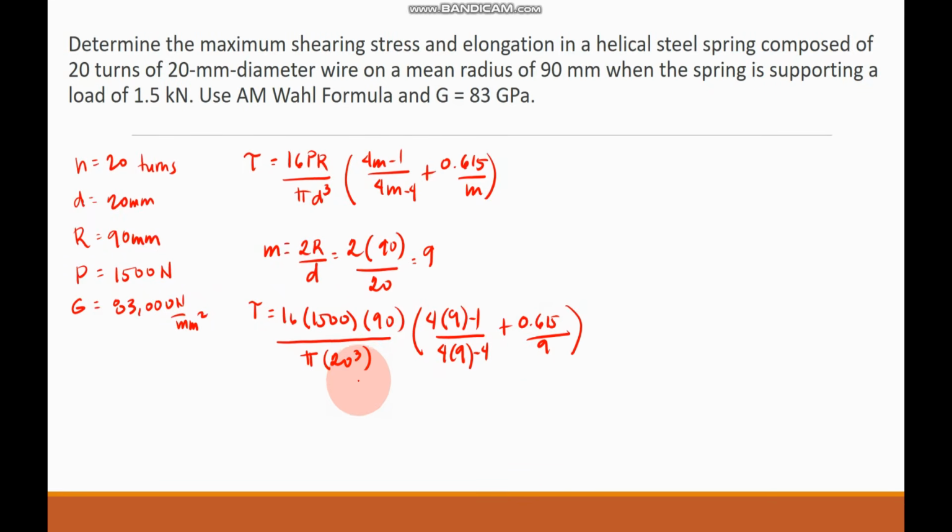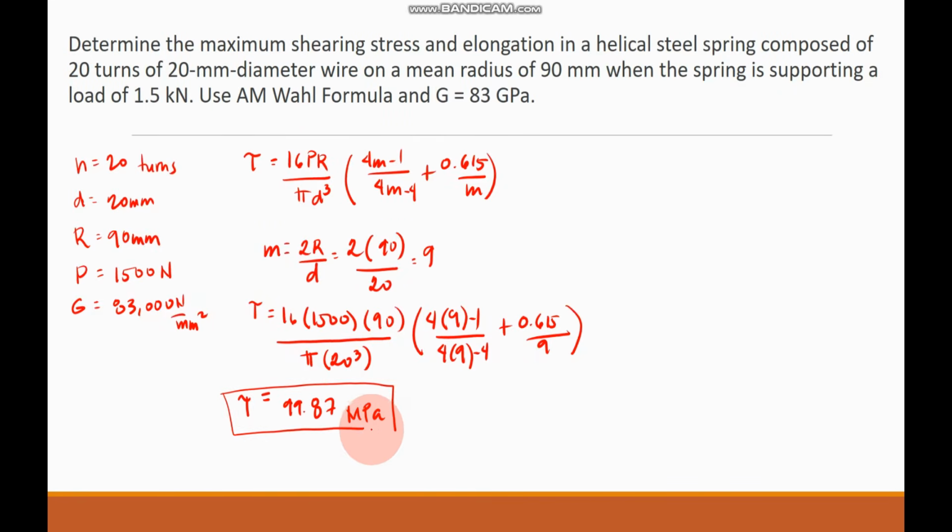So the maximum shearing stress is equal to 99.87 Newton per square millimeter or 99.87 megapascal. So ito yung magiging maximum shearing stress.